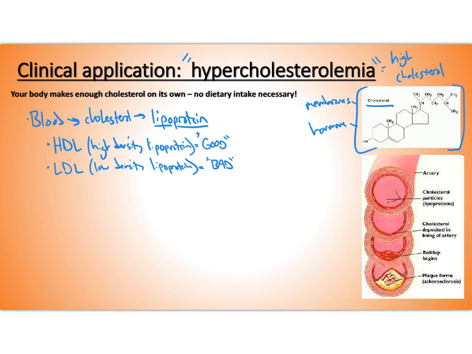Now, those are slightly misnomers, but really what it comes down to is HDL is the type of cholesterol that your body manufactures to use in your membranes and in your hormones. LDL tends to increase when you have too high of dietary fat content. So if you've got too much fat in your diet, you end up with higher LDL numbers, and that's why we tend to call this bad cholesterol.